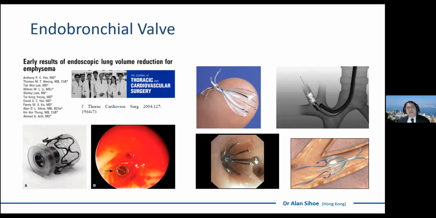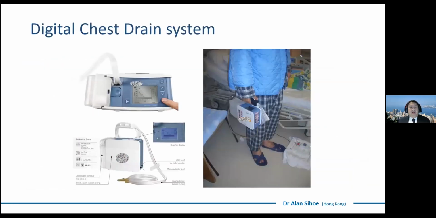So endobronchial valves, yes, they're available. And if you have a big problem with air leaks, this is an alternative. But the fact is, logistically and financially, they're not very viable in many centers around the world. Now, the other introduction of technology, which I think many of you in Europe are already using, is digital chest drainage. There's not enough time in this particular short talk to go into all the different reasons why digital chest drainage can help with air leaks, but they do.